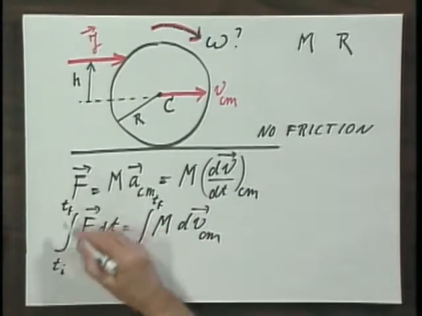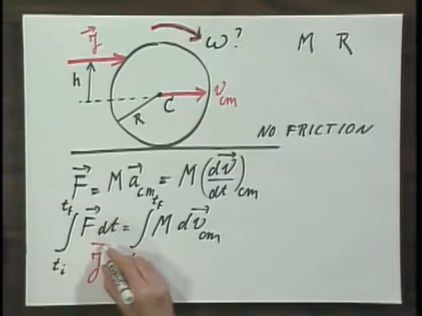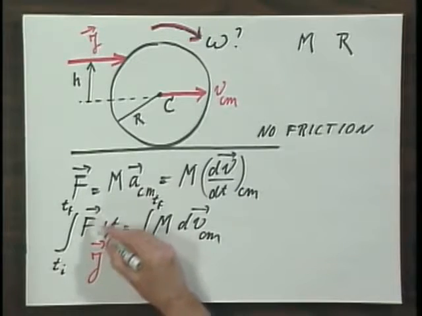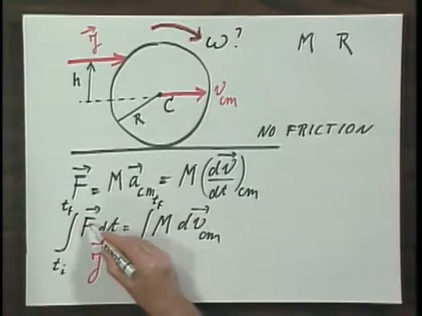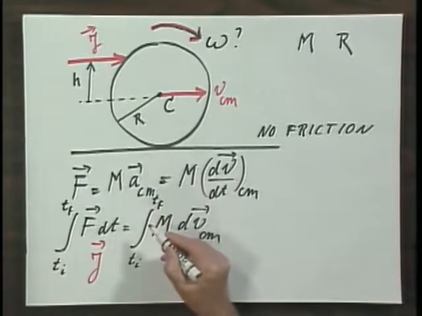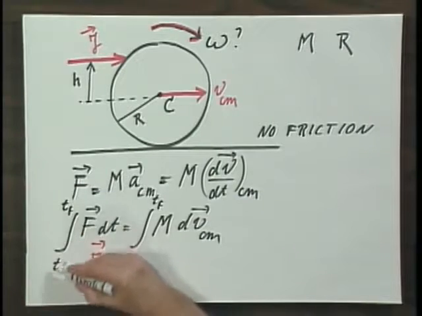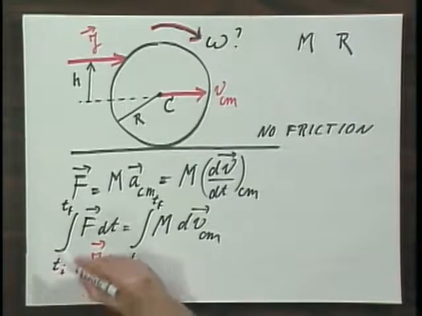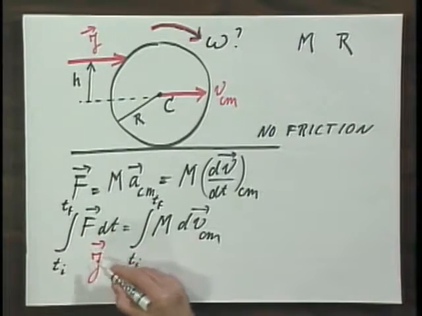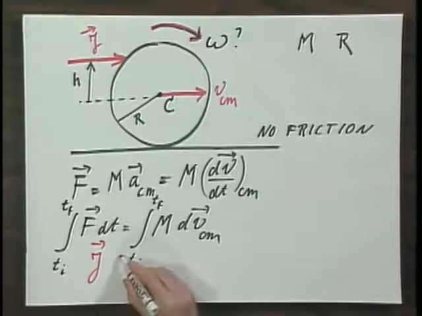This is the definition of impulse. As I said earlier, the force doesn't have to be constant. It could change in time, and so the acceleration of the center of mass could change in time. But the integral over that time interval t initial to t final of F dt, that's the definition of impulse.